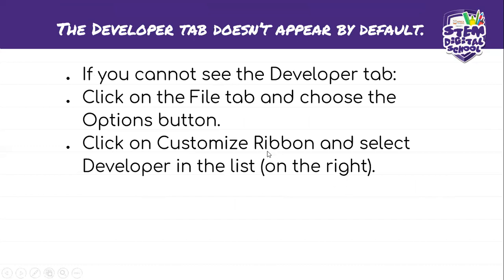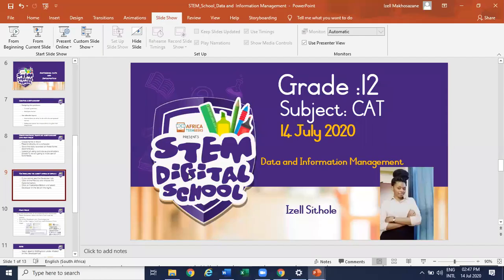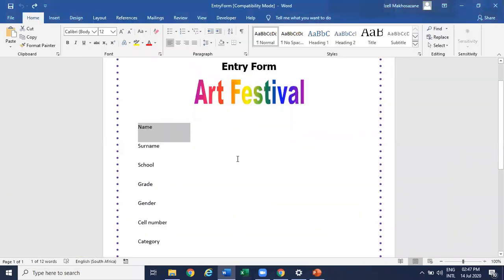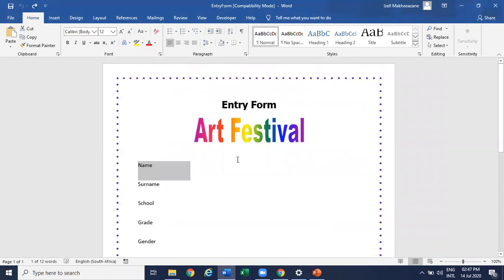Okay, so how to make form fields? Let's start by the layout of a survey. I want to show you, just like this one. This is not a survey.